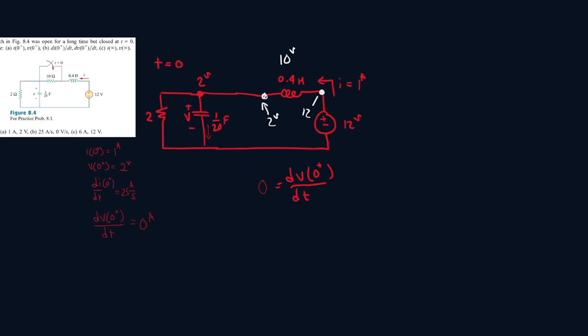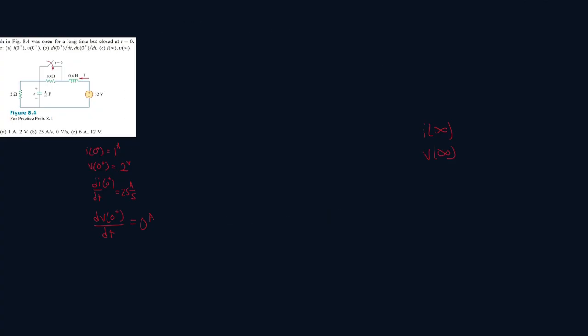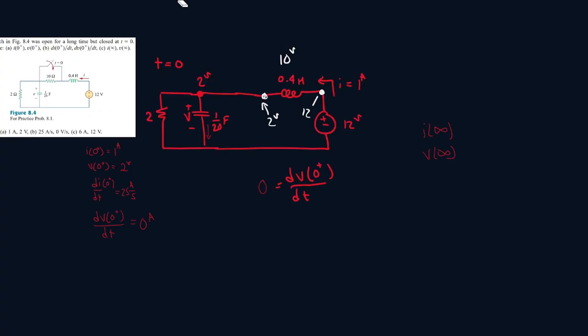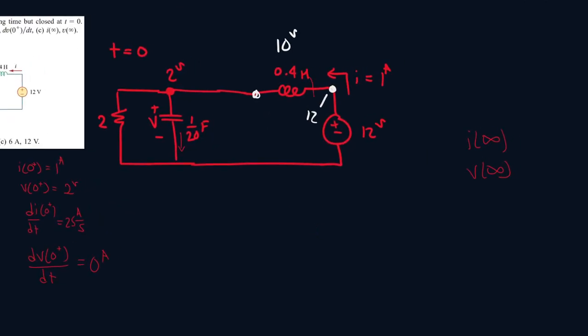Now let's solve the last two, which is finding I at infinity and V at infinity. Let's put our attention to the inductor and the capacitor when t goes to infinity.